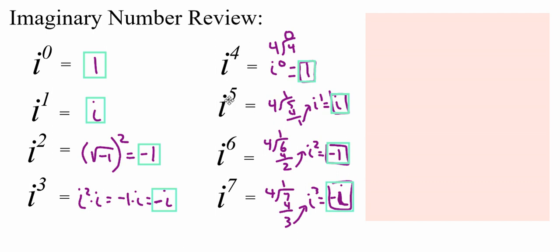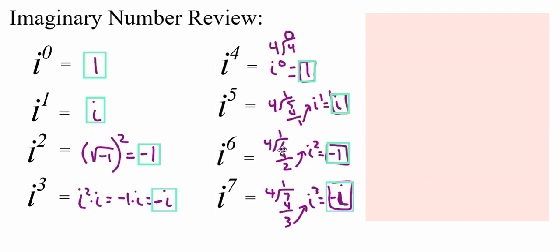If we look at something like i to the 5, if we divided 5 by 4, what would our remainder be? 4 goes into 5 once with a remainder of 1. The remainder tells us which one to look at in the original column. If the remainder is 1, then your answer is i. Same thing with 6, right? 4 goes into 6 one time with a remainder of 2.